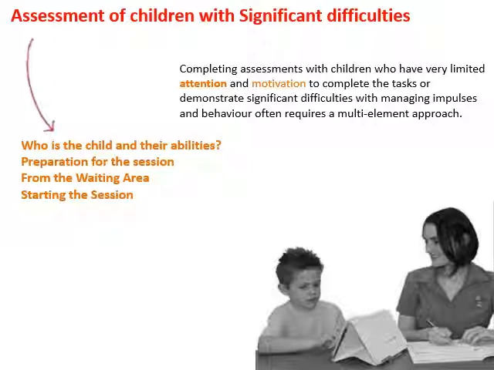We want to have as much information as quickly as possible about their abilities so that we can actually set up the assessment to be the most effective and successful as possible. So who is the child and their abilities? We want this so that we can prepare the session and set it up and accommodate it in a way that's going to work. We also need to understand that our assessment is going to begin from the moment they enter into our building.